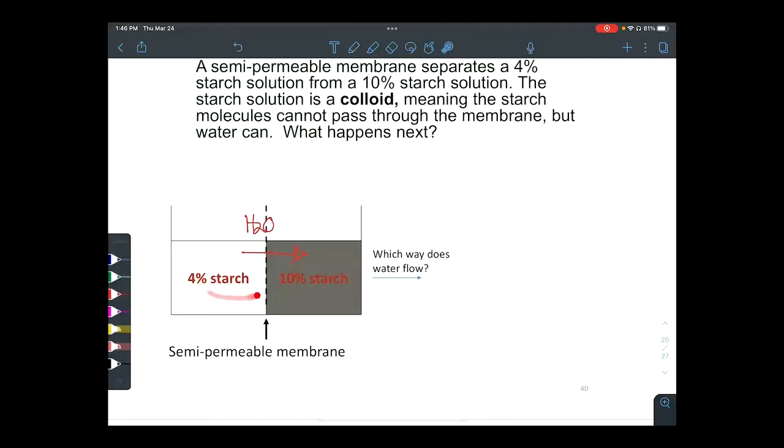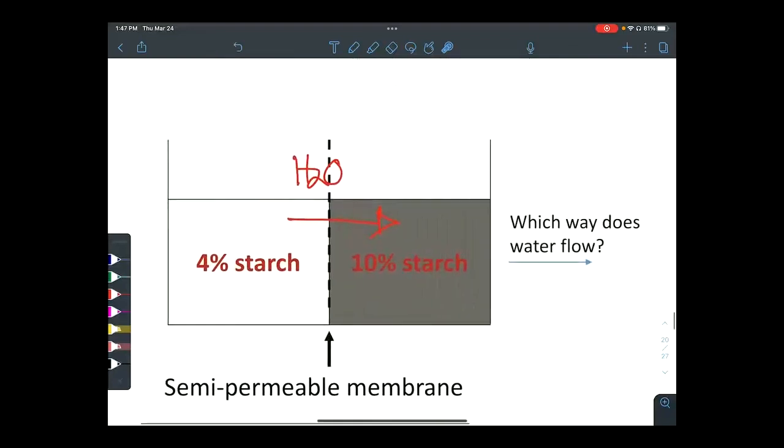Let's think about it. If we have the same volume of starch solution on each side, which side of the container contains more starch molecules? The one on the right, thank you. So it's more concentrated, right? So we need to dilute the more concentrated side so it matches the less concentrated other side. Does that make sense?